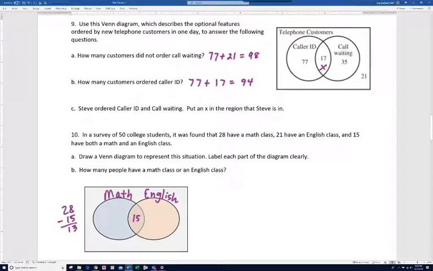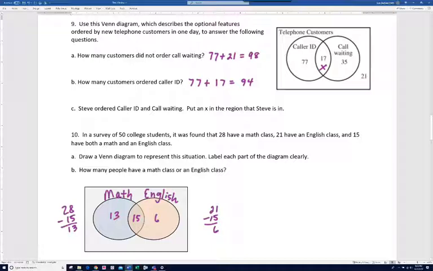So if you do 28 minus 15, there's 13 that go on the math circle where we don't overlap. And then in the English circle, there are 21, but we already have 15 in the overlap. And so 21 minus 15 is 6. So there's 6 that are in the English circle where we don't have overlap with the math circle.